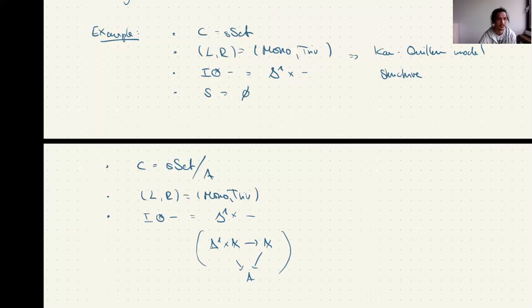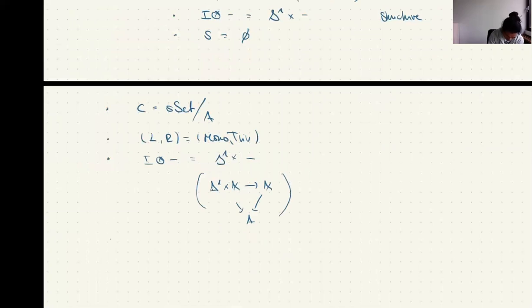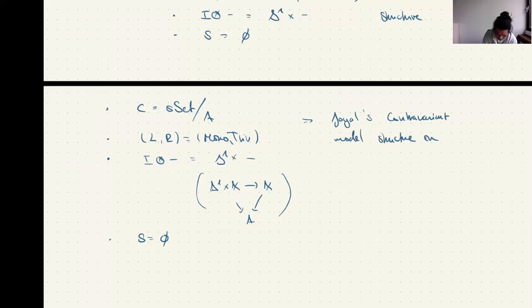And again, take the empty set to generate these anodyne extensions. Then we get Grothendieck's contravariant model structure on the slice category.